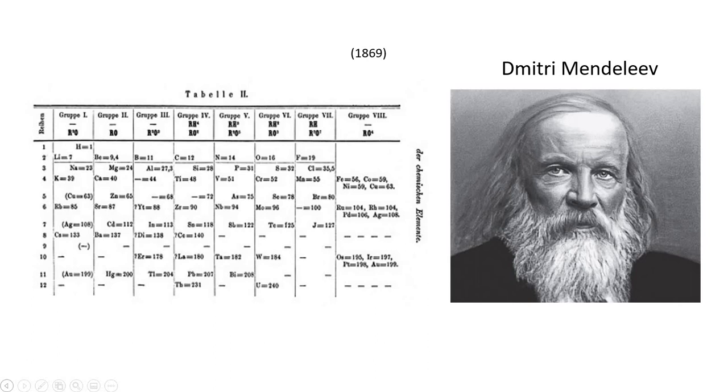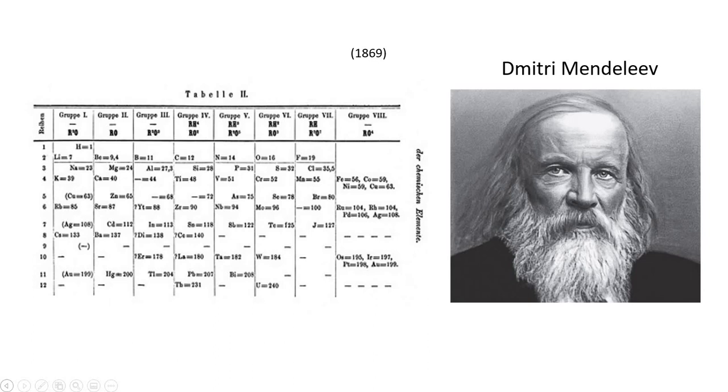The one that made the biggest change was Dmitri Mendeleev. You'll notice he still has the eights, just like John Newlands specified, but you see all these blanks throughout the chart where there's just kind of these spaces.